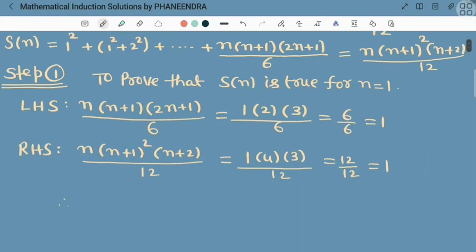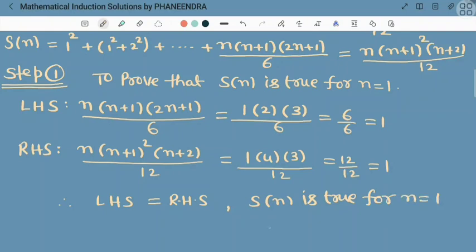Therefore, LHS is equal to RHS. S of n is true for n is equal to 1, that is S of 1 is true. So the first step is completed, dear students.